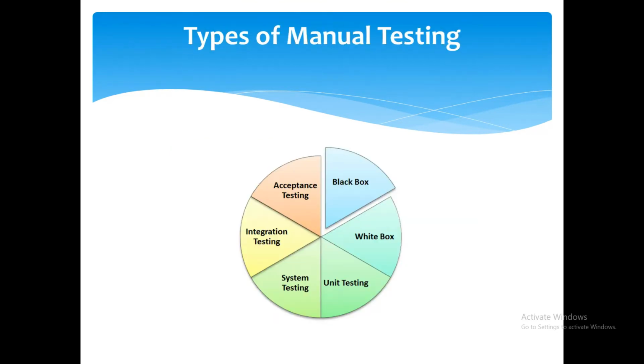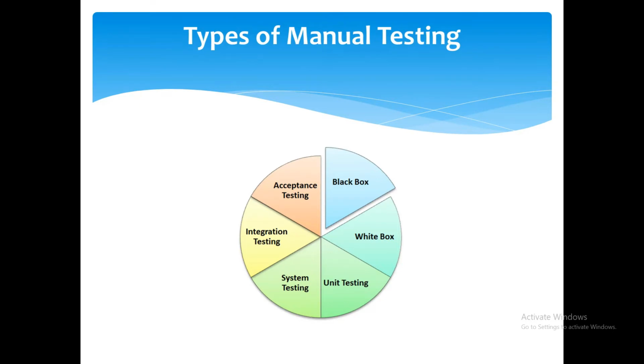The next topic is types of manual testing. The different types of manual testing are white box testing, unit testing, black box testing, system testing, integration testing, and acceptance testing.